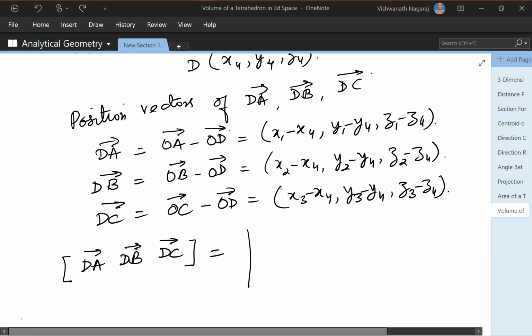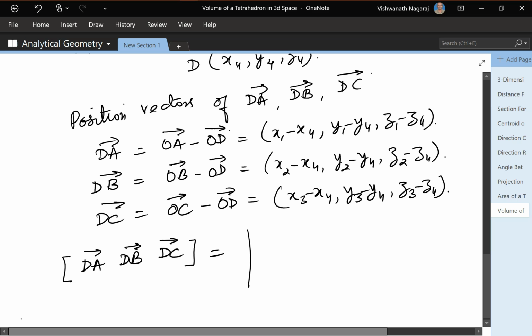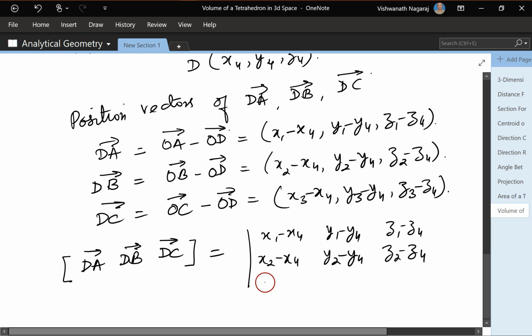The determinant would be: x1 minus x4, y1 minus y4, z1 minus z4; x2 minus x4, y2 minus y4, z2 minus z4; and finally x3 minus x4, y3 minus y4, z3 minus z4.